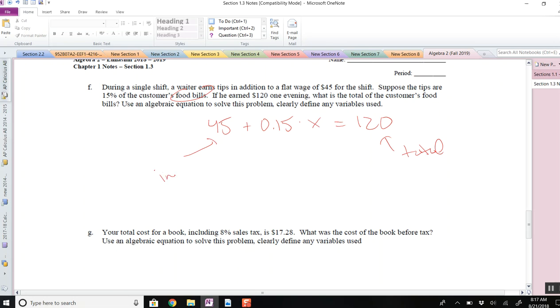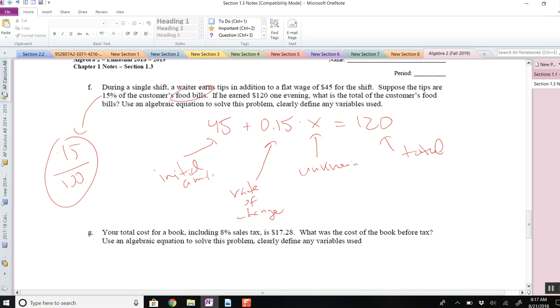That's your initial amount. That's the unknown. And that's the rate of change, because apparently, for every $100 of food you sell, you make $15. Because 15% is 15 out of 100. So again, it's a rate or a ratio that you're applying to the unknown.